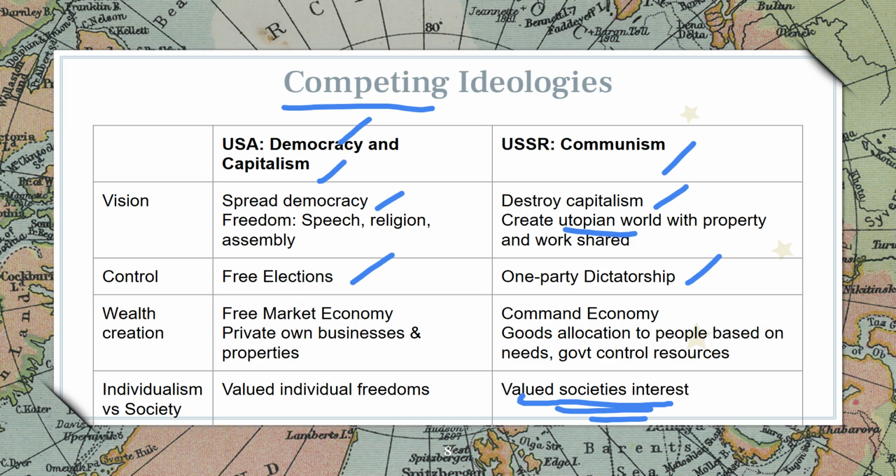Okay, the economic arrangement, free market economy, is a bit tricky for some of you to understand. The general idea here is that everyone is free to open businesses, free to make profit. Unlike in the command economy, whereby ordinary people can't own businesses, can't own factories, can't make profits.